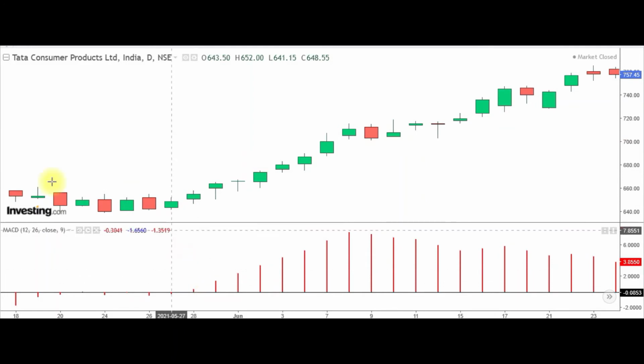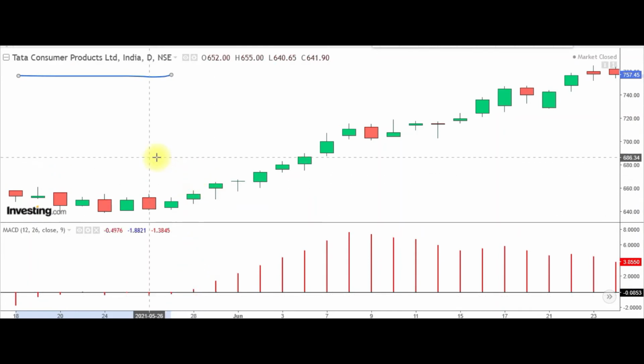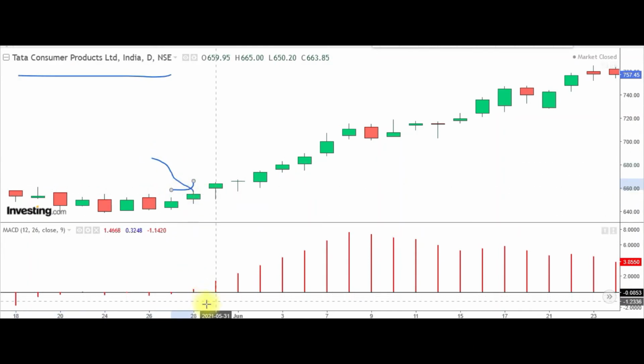So this is an example of the Tata Consumers daily chart, and here you can see this was the first candle where the histogram came above the zero line. Here you can see the height of the histogram is very small, and this was the first candle.